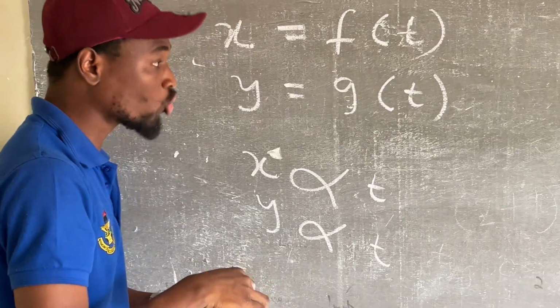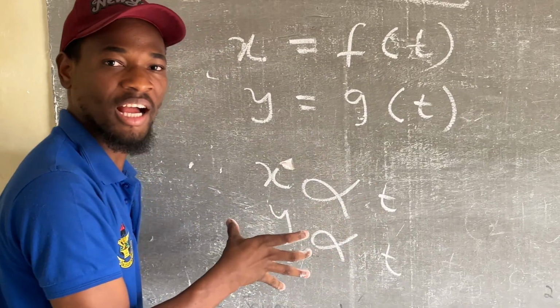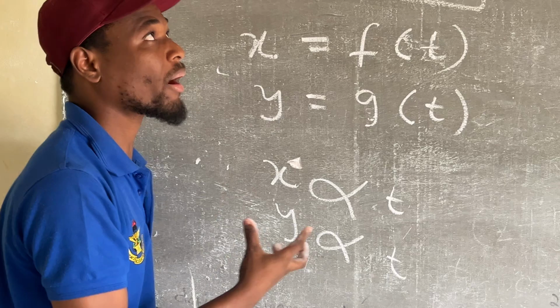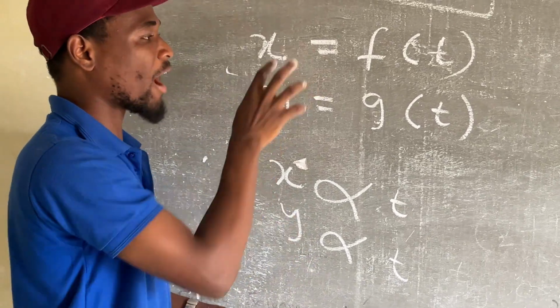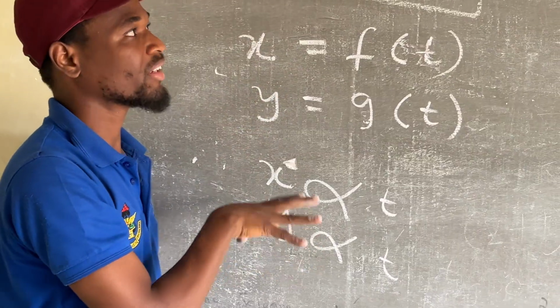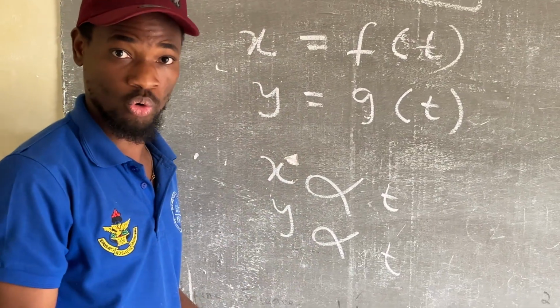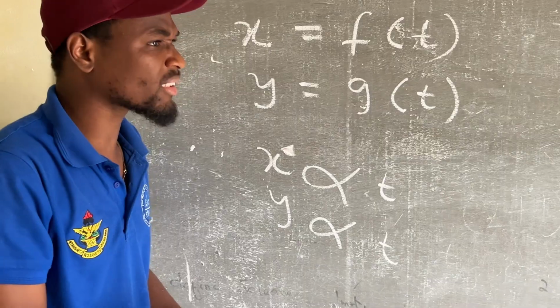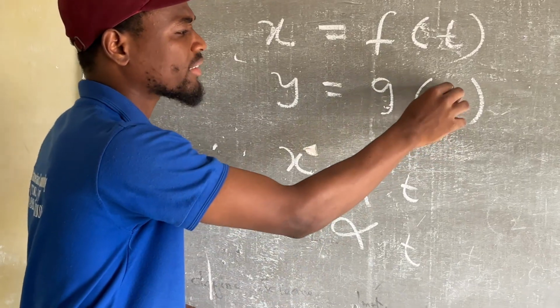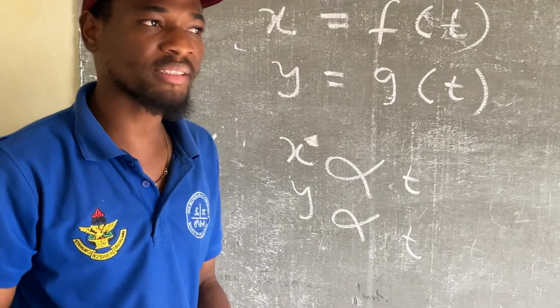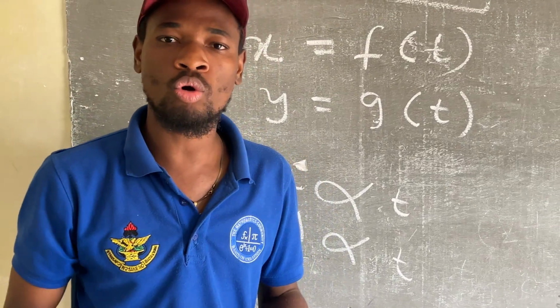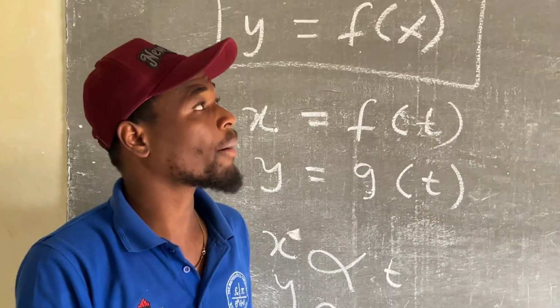When you have an equation of this nature, we call it a parametric equation. They are different from the other equations we know. So this t could denote time. This is the whole concept behind parametric equations.